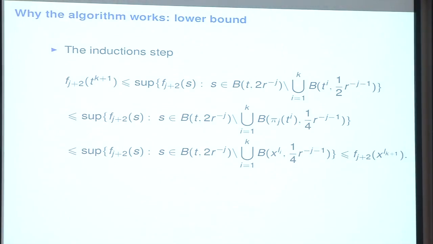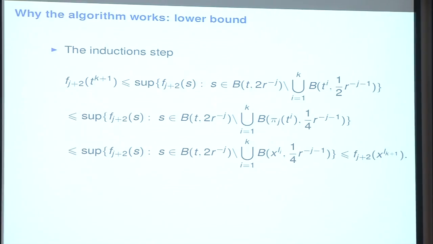And because the points t_i are half R^{-j-1} separated, we can remove all these balls, but if we removed them, it's even worse if we removed smaller balls, but around the points that are in our 1/4 R^{-j-1} separated nets. So the worst possible case here is if we remove them in the right order.